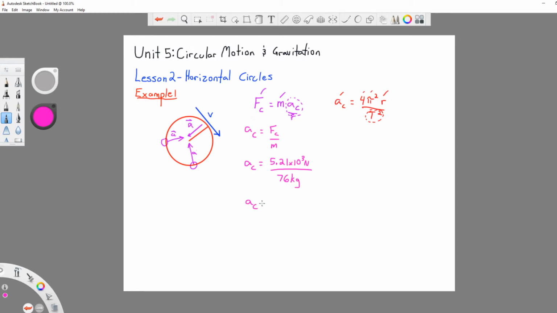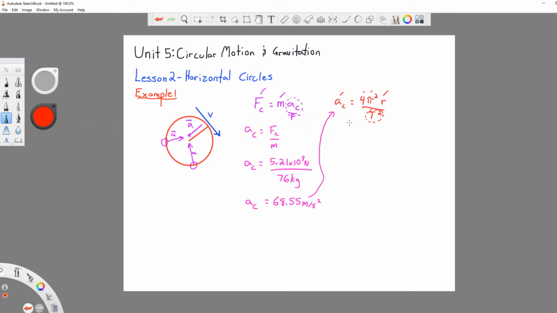All right, and if we plug all that into our calculator, we get, I'm not going to round this one off too much, 68.55 meters per second squared.